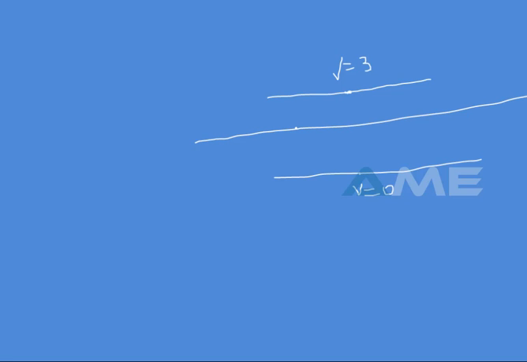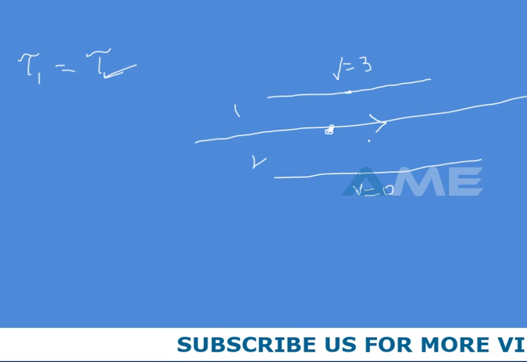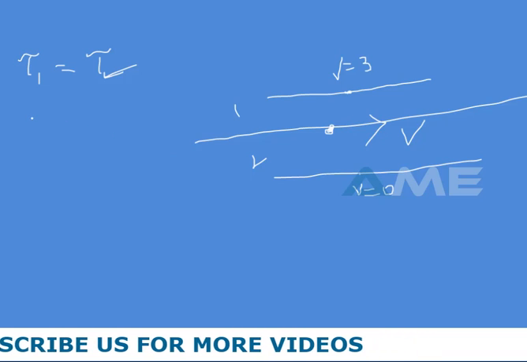The shear stress tau 1 is equal to tau 2. That means this is fluid 1 and this is fluid 2, and the shear stresses at the interface are equal. We require the velocity at this interface, which we are considering as v.